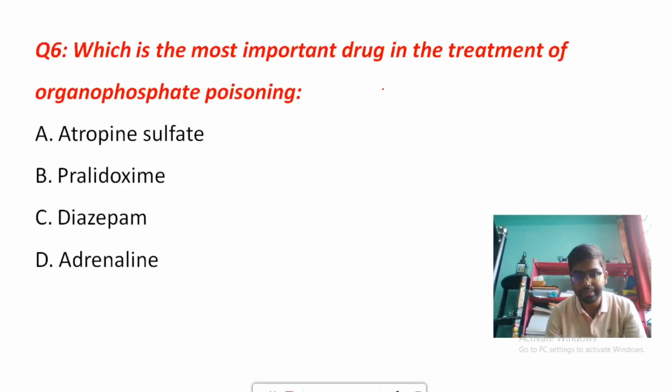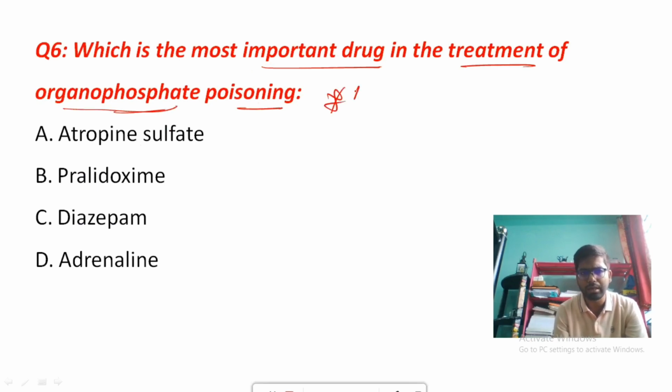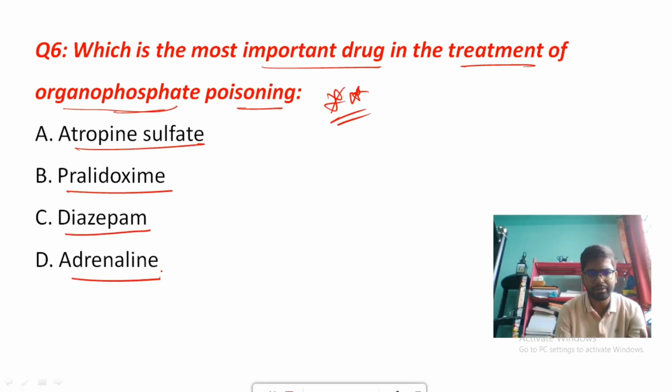Coming to the next question: which is the most important drug in the treatment of organophosphate poisoning? It is also a very important question. Which of the following is the specific antidote? Options are atropine sulfate, pralidoxime, diazepam, adrenaline.